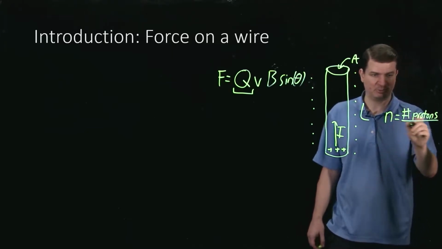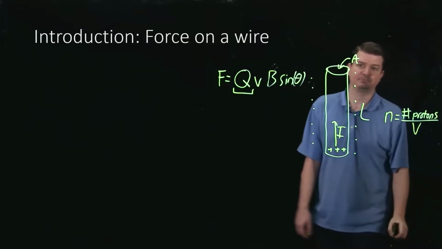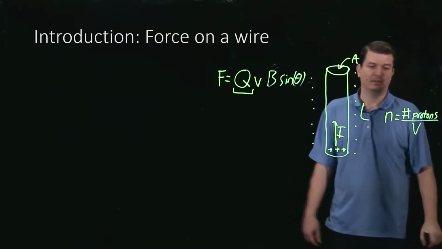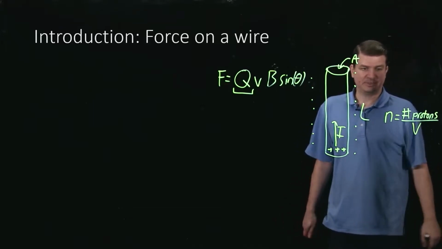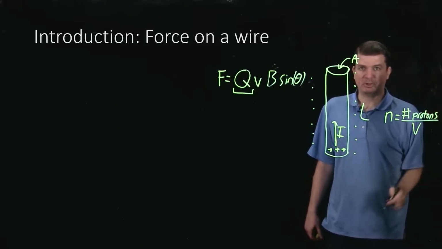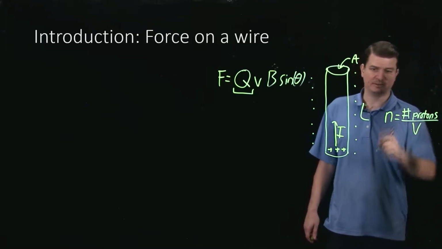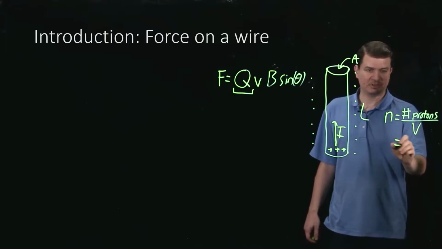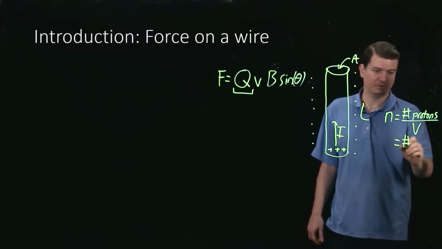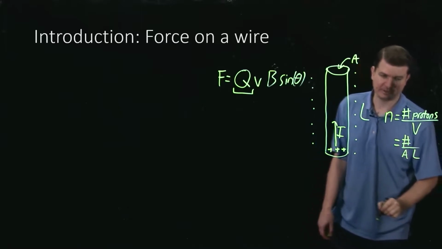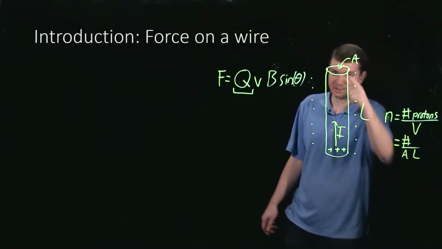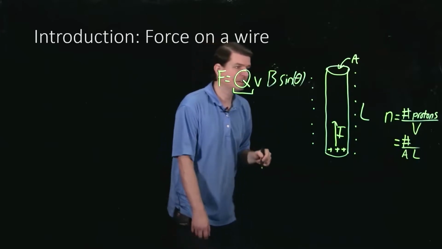So we'll stick with number of protons per unit volume. These are pretend flowing protons. This is the number per volume. And of course, volume is certainly area times length of that cylinder.